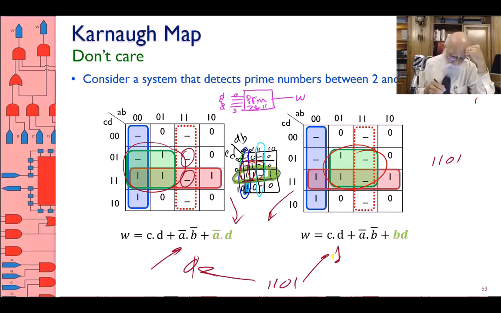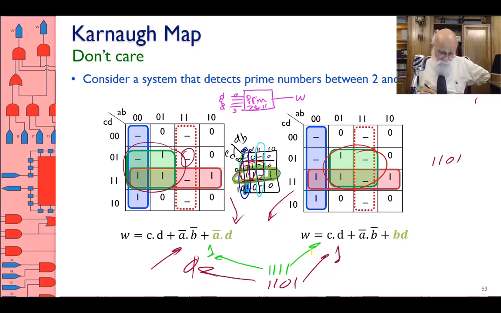Let's do another one. 1111. The one on the left is going to give me a 1. The one on the right is also going to give me a 1.